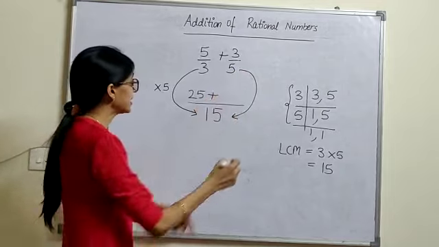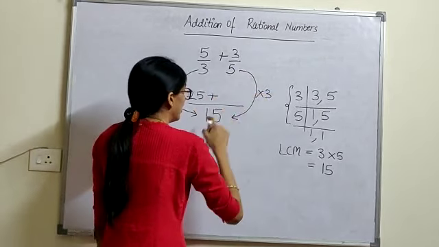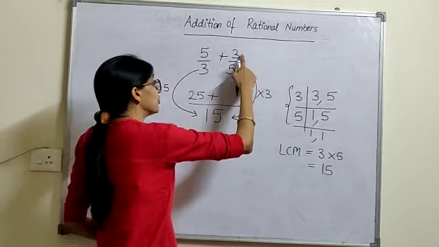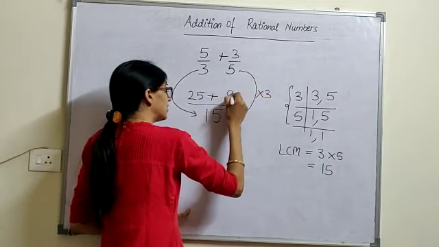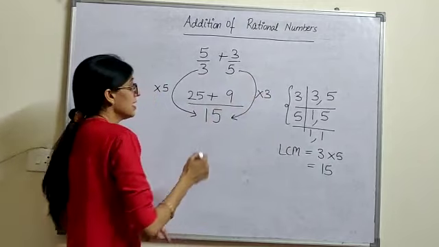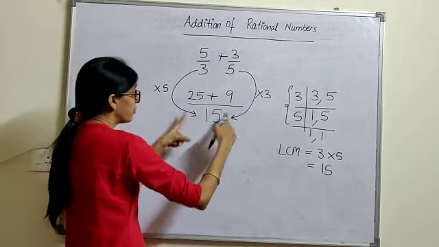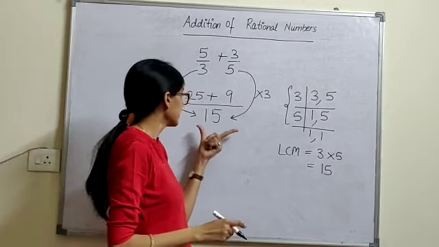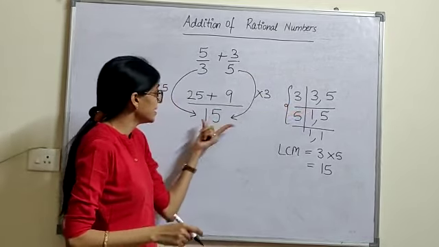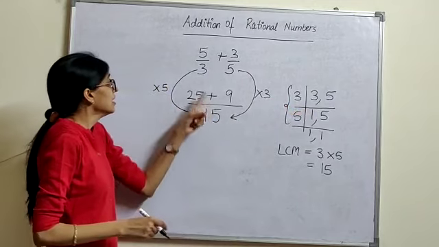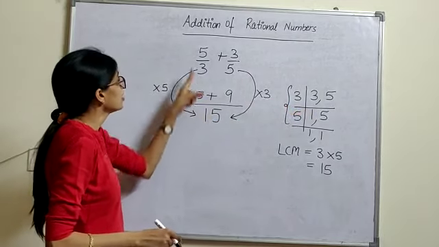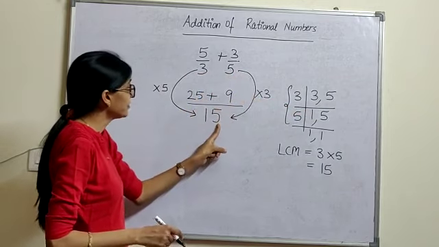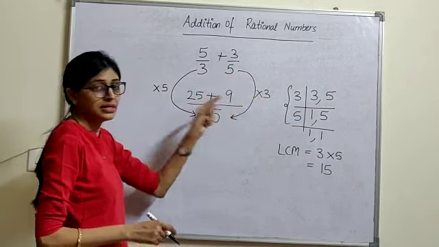When 5 is multiplied by 3, 15 comes. 5 3s are 15. So 3 is also multiplied by 3. 3 3s are 9. In this way you have to put the answer when there is different denominator. First take the LCM, put the LCM over here, then 3 5s are 15, so 5 5s are 25. 5 3s are 15, so 3 3s are 9.